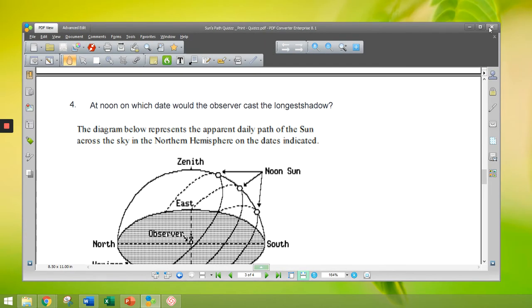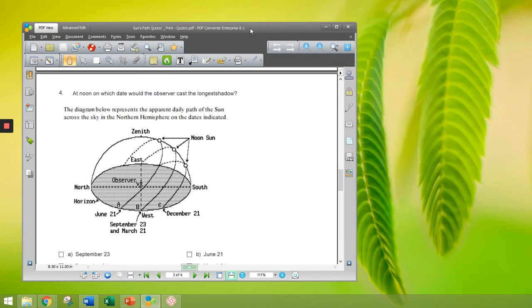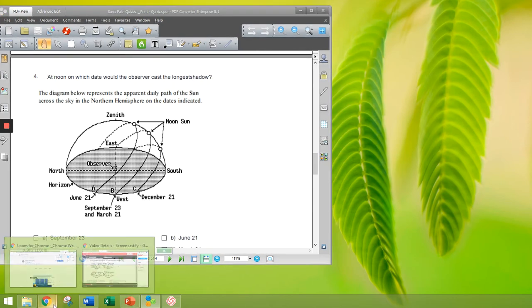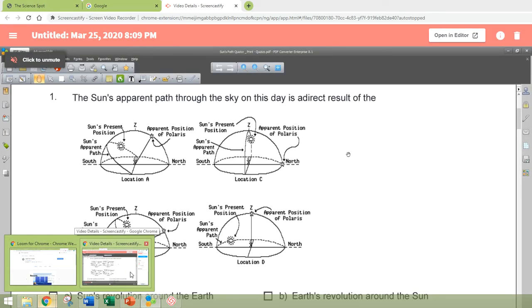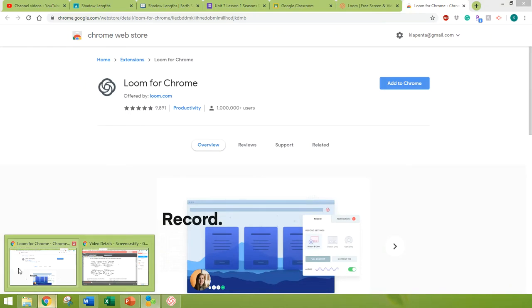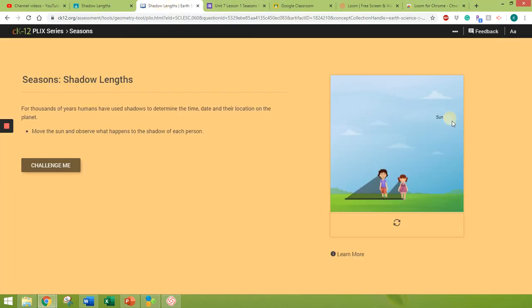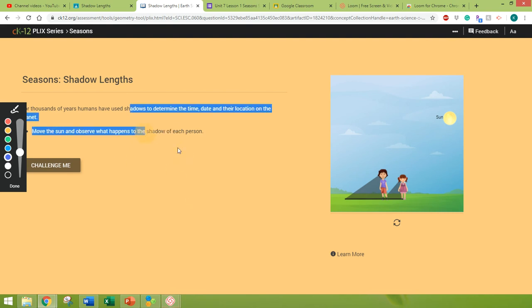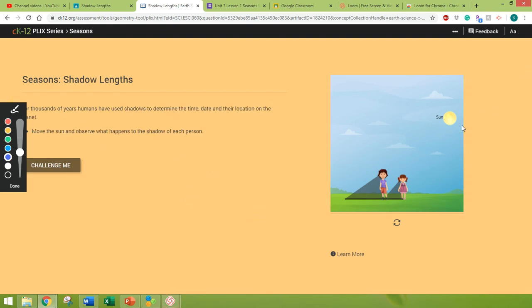Okay, so I assigned you guys this assignment for shadow lengths. If we are high in the sky, notice that the shadow lengths are very small. And then as we get lower in the sky, notice the shadow lengths increase.